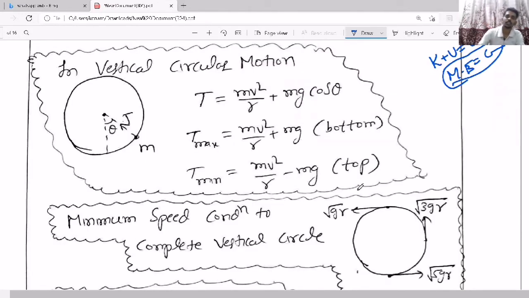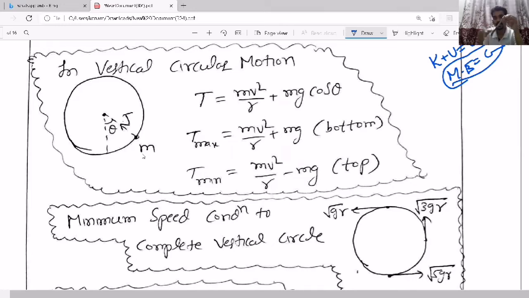Similarly, based on the same conservation of energy principle, one more topic will come, that is vertical circular motion. One example is a pendulum bob attached to a string and whirling in a vertical circle like this.